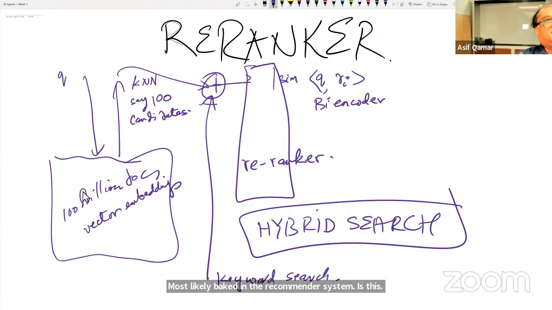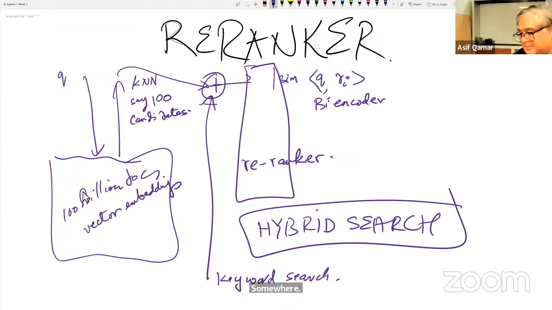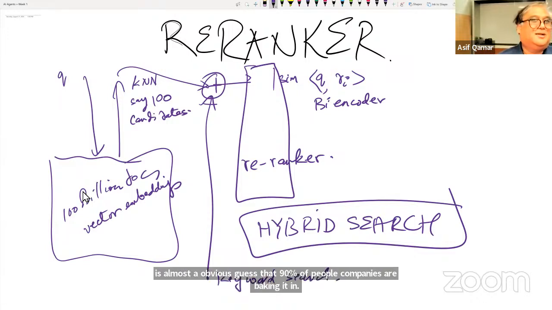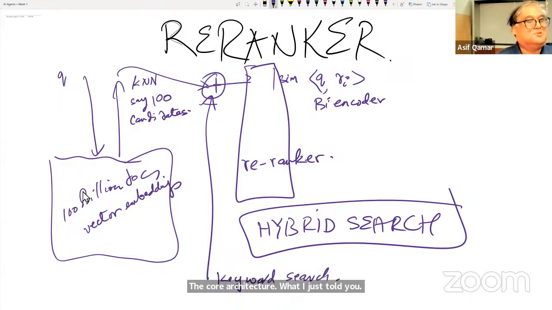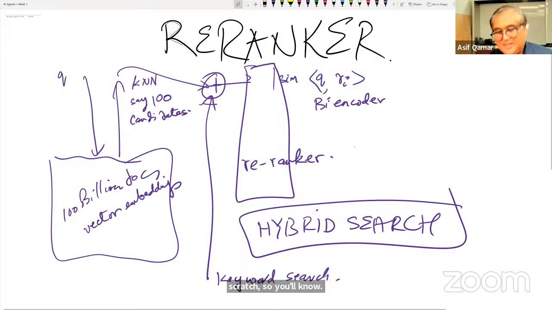You're using Spotify, you're using this, whatever. Obviously, I'm not privy to anybody's secret stack, but it is almost a near obvious guess that 90% of companies are baking in to their core architecture what I just taught you. And the fun that you'll have is you'll build it from scratch, so you'll know how to do it. Right? Questions before I stop this, and then we'll go to the last phase.